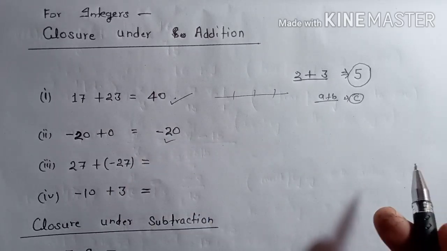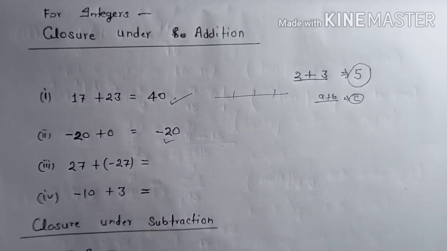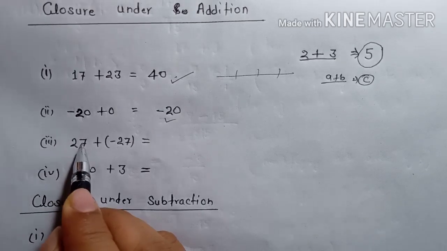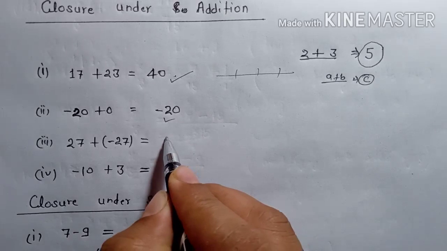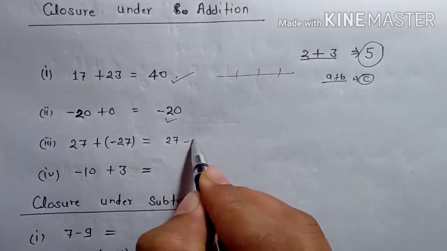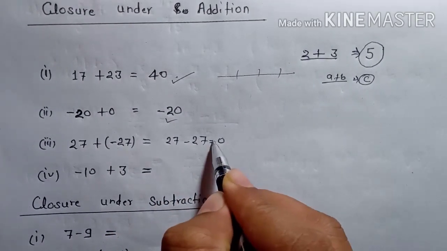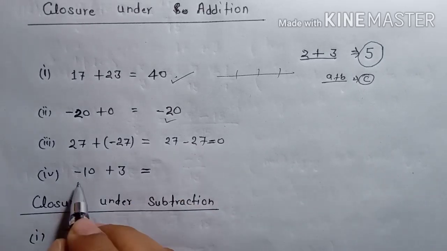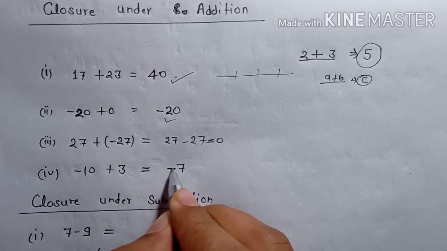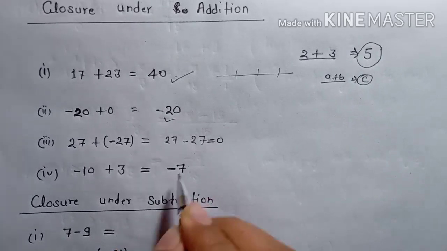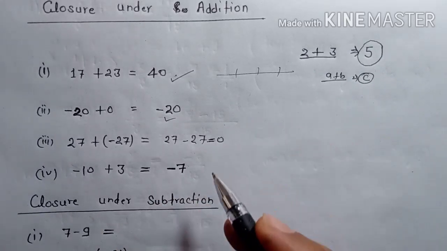This is again an integer. Add these two integers 27 and -27. Again the result is 0 and 0 is an integer. Add -10 and +3, the result is -7. Again an integer.